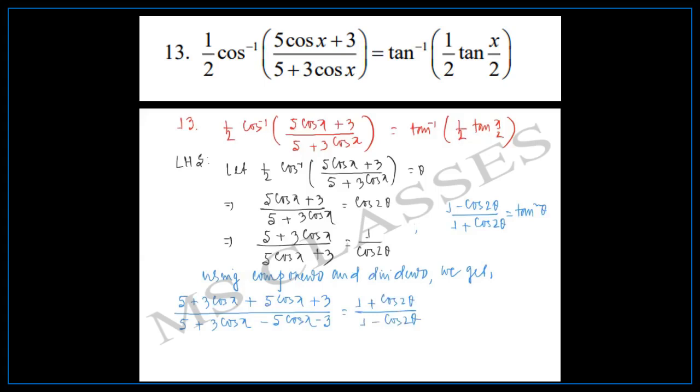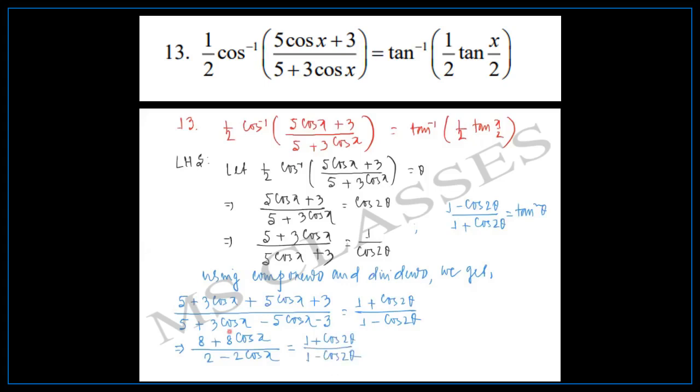Now this gives us what? 8 plus 8 cos x divided by 2 minus 2 cos x equal to 1 plus cos 2 theta by 1 minus cos 2 theta.